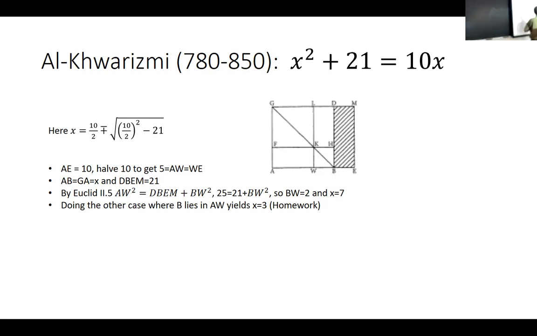So BW has to be 2. So if this is 5 and this is 2, then our x has to be 7. Okay? And if you do the other case where B lies within AW, you get the answer 3. You're going to get 5 minus 2. So that's going to be like a homework for you to draw the corresponding picture.